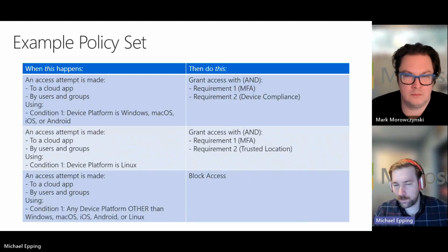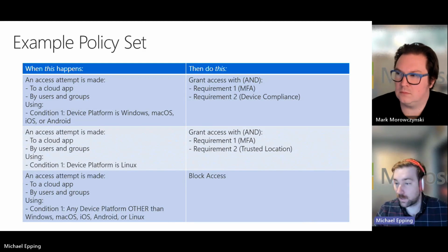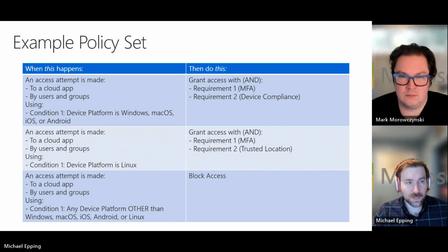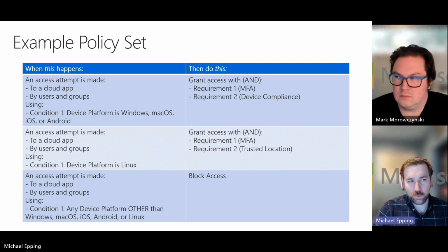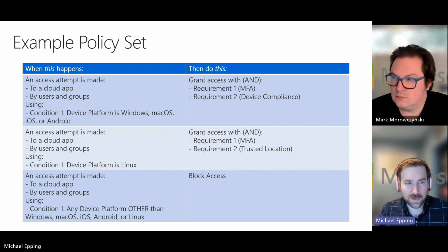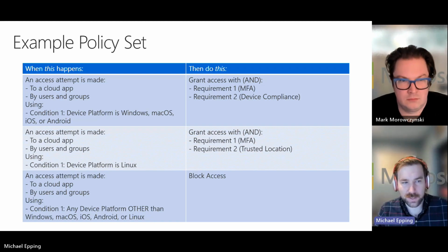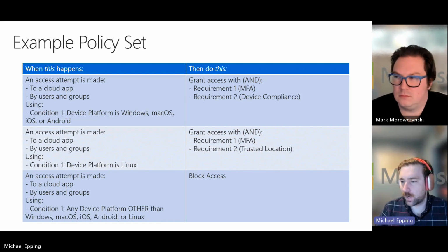As an example of a really common policy set that a customer may have, you might create a policy that says, condition 1 is that if the user is coming from Windows, Mac, iOS, or Android, let's require MFA and compliant device. Then in our second policy, we might say, if the same user is coming from Linux, let's require MFA and a trusted location.